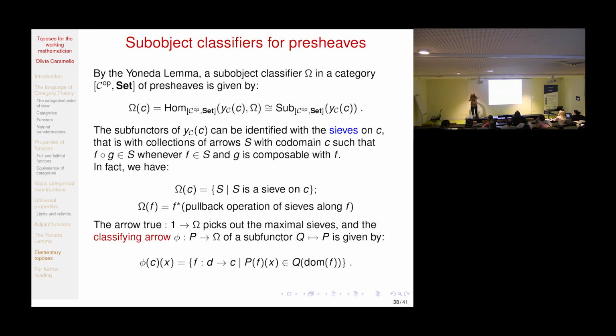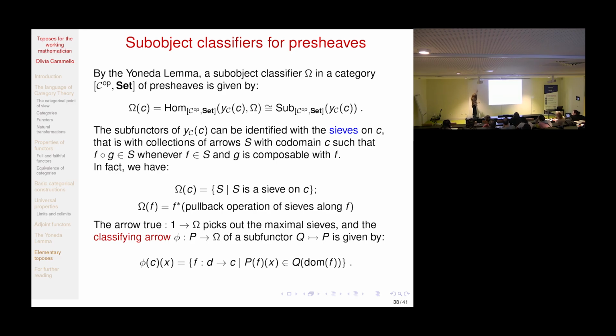So we have seen how limits are computed in functor categories. They are computed pointwise. Monomorphisms can be characterized in terms of finite limits.